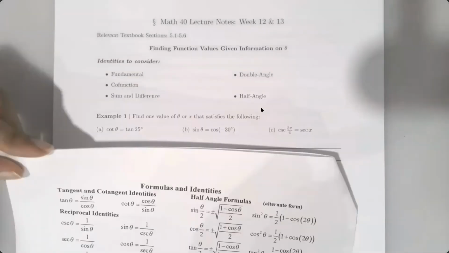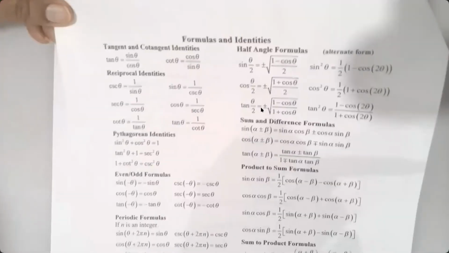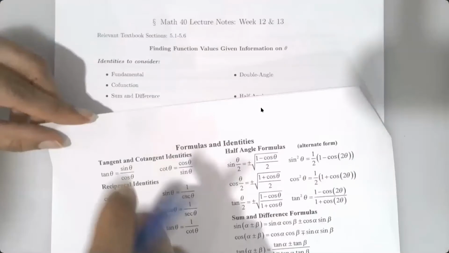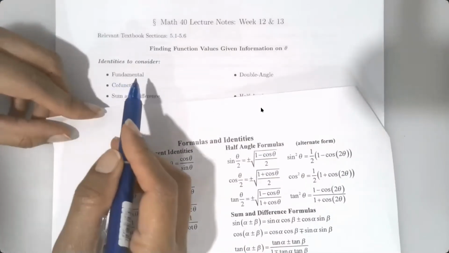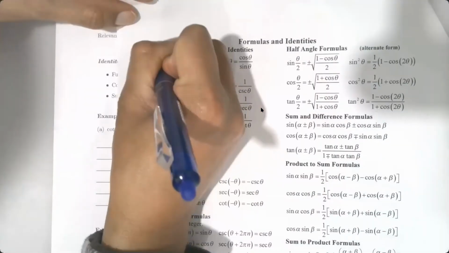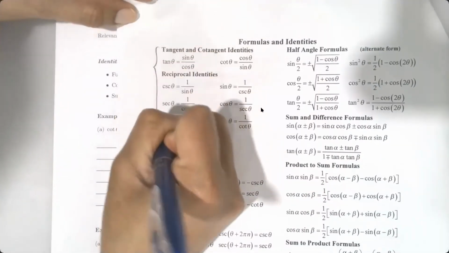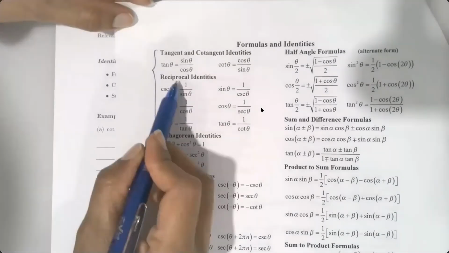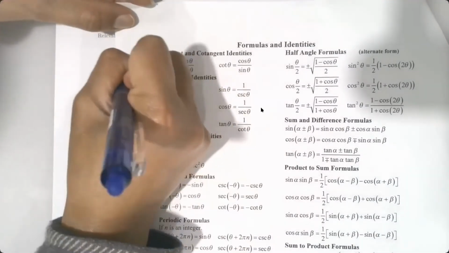So for instance, the fundamental, okay, that's probably the only one that's not explicitly labeled, but the fundamental refers to these first two sets, tangent and cotangent identities and the reciprocal identities. These are known as the fundamental.